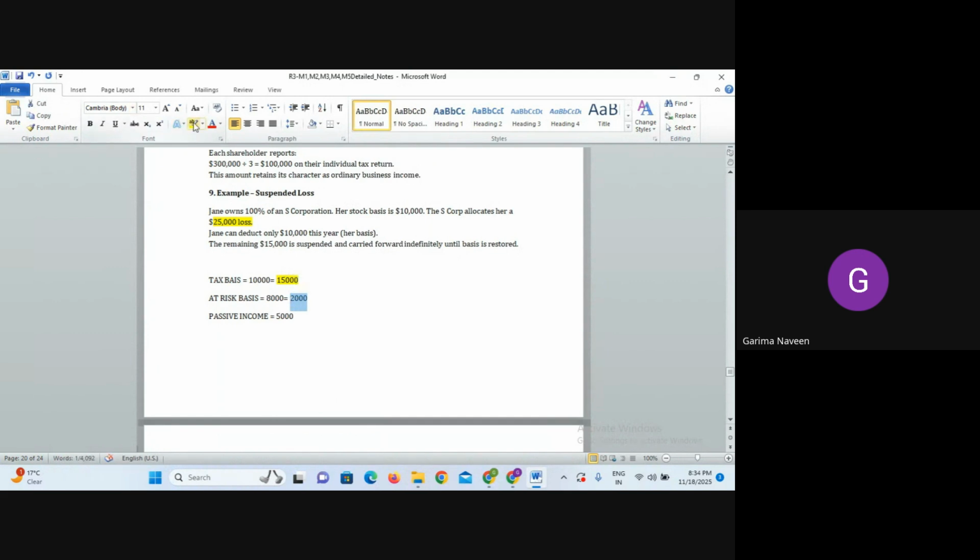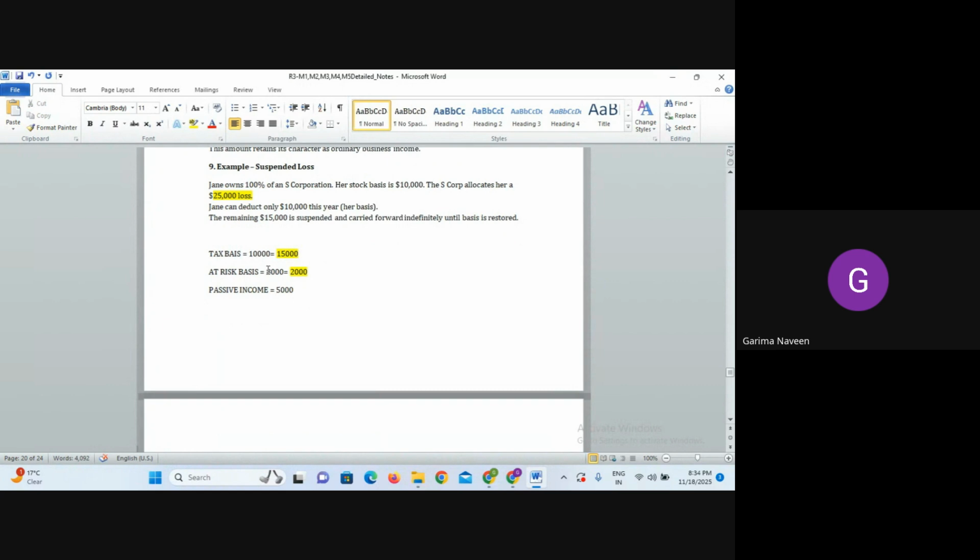Okay. Next, this amount is subject to the passive income test, which says that you can deduct your losses up to the passive income. So this $8,000 is now deducted only up to $5,000 and the rest, $3,000, you need to carry forward.